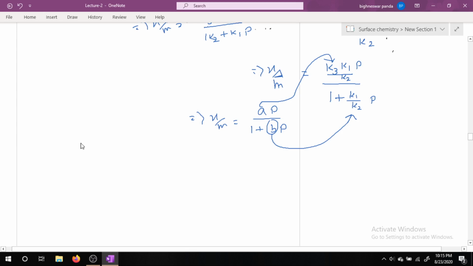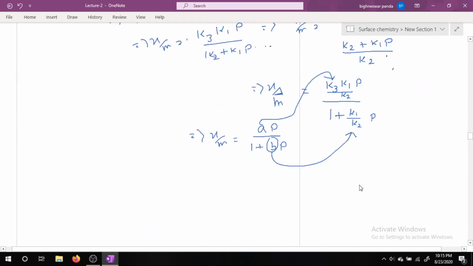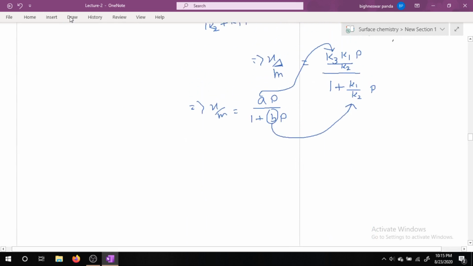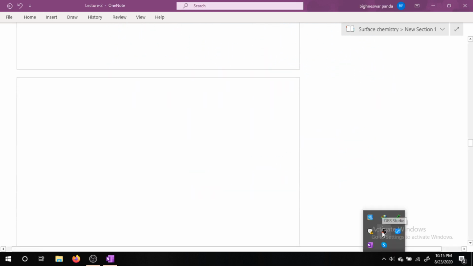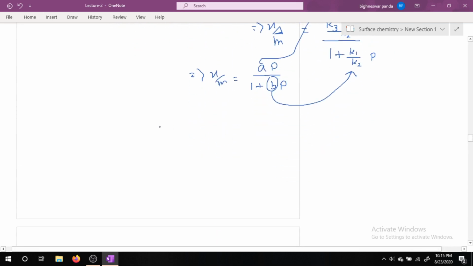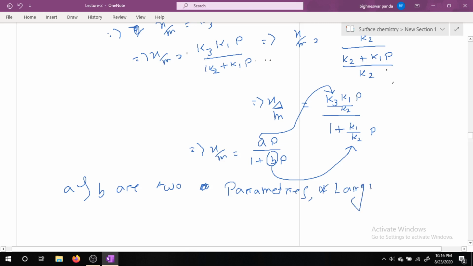Here I can write that a and b are two parameters of the Langmuir adsorption isotherm.